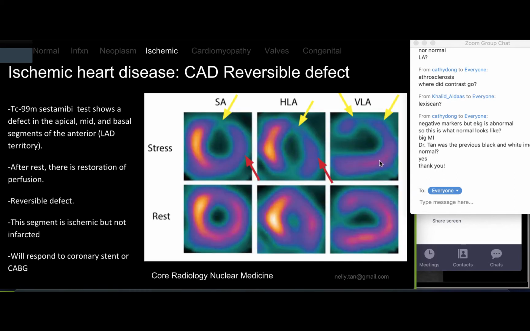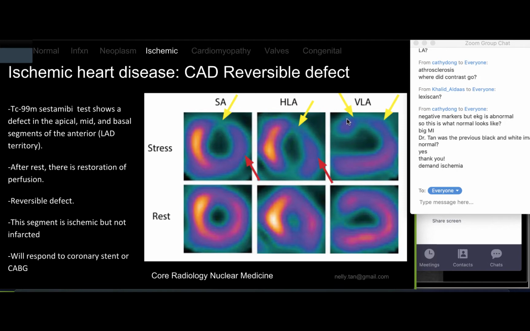Here, in contrast, the patient is running on the treadmill, and now this part is demand ischemia, exactly. So you start to have ischemia because there's low flow to this area. So patients with this on imaging can then benefit from revascularization, CABG or coronary stents.